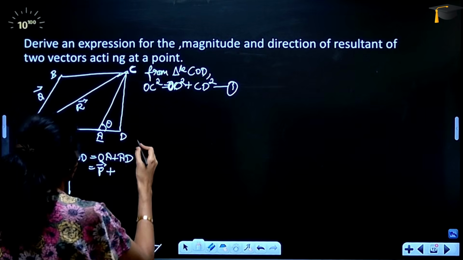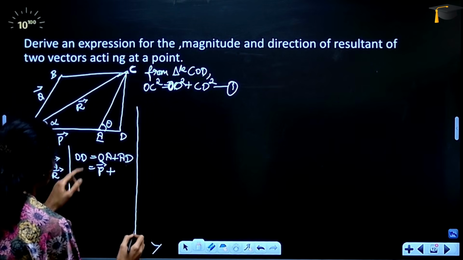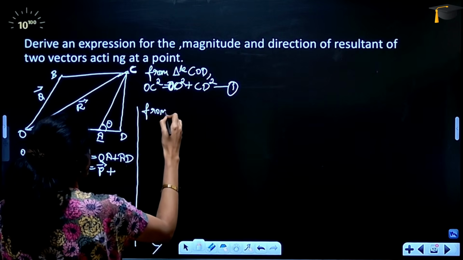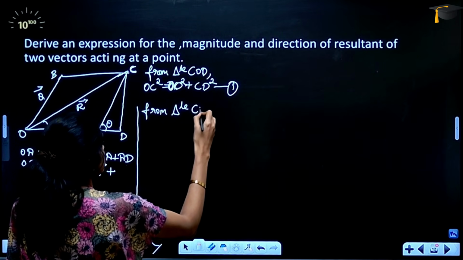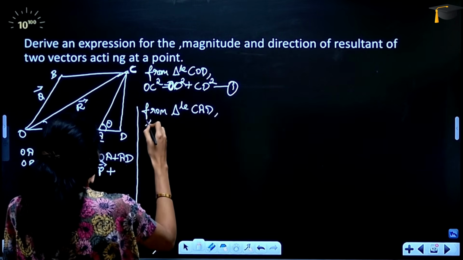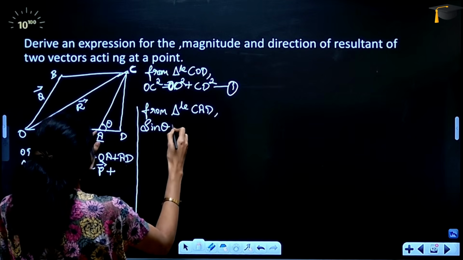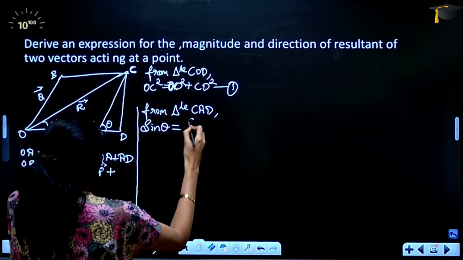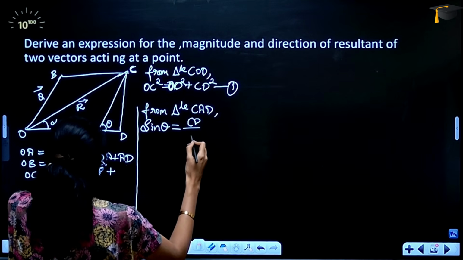But now, again, I don't know what is AD and I don't know what is CD. That's the reason we'll take sine theta and cos theta from the triangle CAD. So from triangle CAD, what is sine theta? It is nothing but opposite by hypotenuse, right? Opposite is CD, hypotenuse is AC.